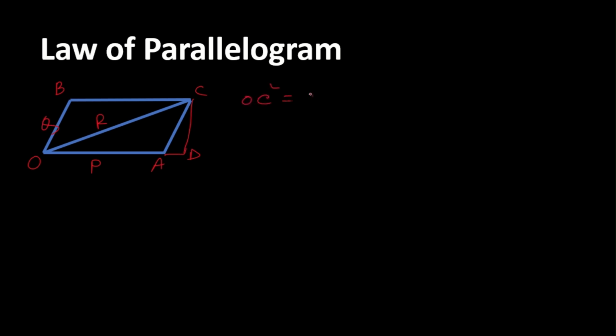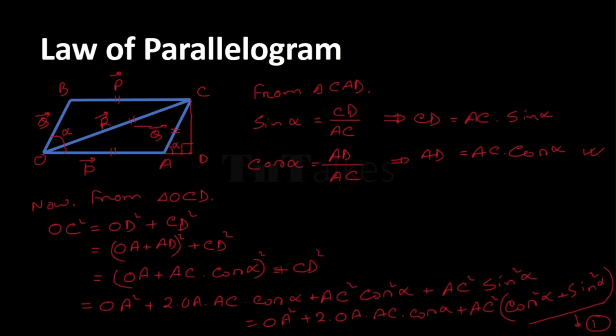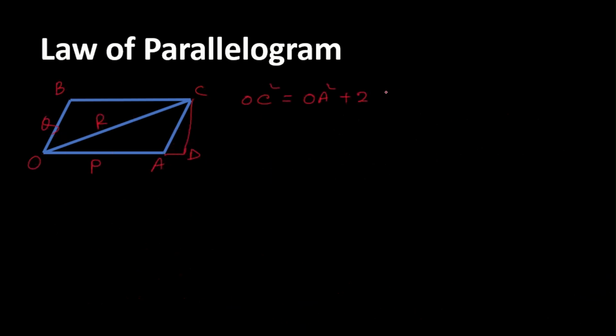So we can rewrite OC square equals to OA square plus 2 into OA into AC cos alpha plus AC square.